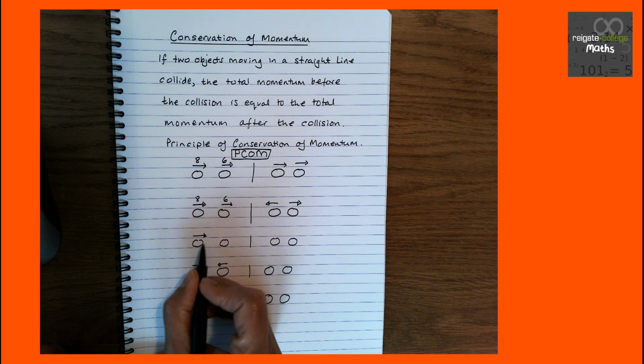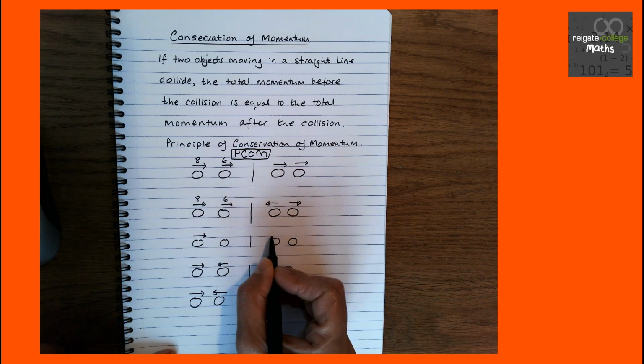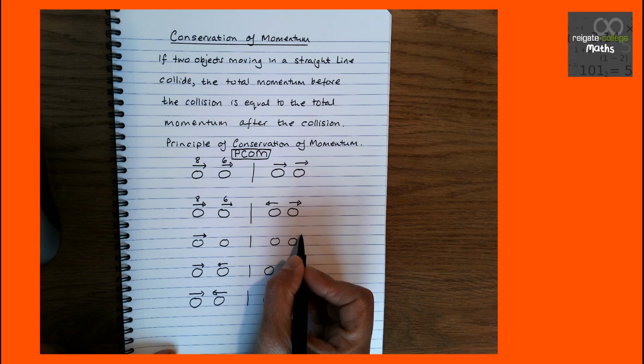Another situation that you're sometimes given is that the first particle is moving and the second particle is stationary. When this happens, there are three options. So both particles might move in the positive direction.